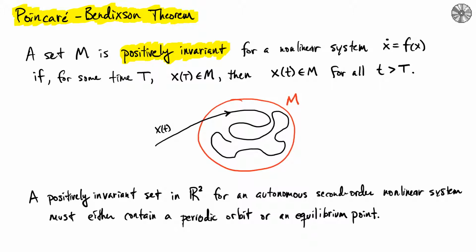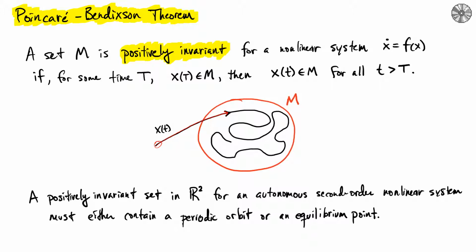And so to do that, we're going to talk about one last piece, which is the notion of a positively invariant set. The idea is that if a state trajectory, like this one here, enters a region M and stays in that region for all future time, then there must be something, quote unquote, trapping that state trajectory.